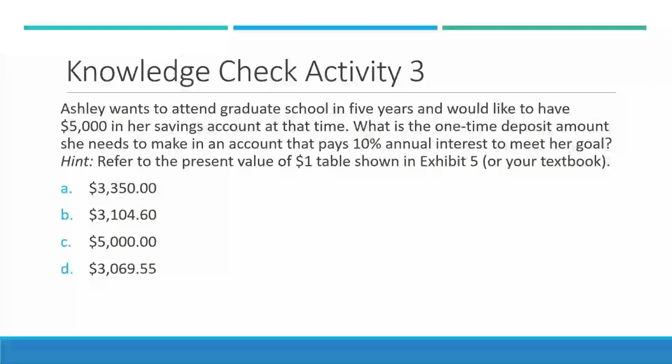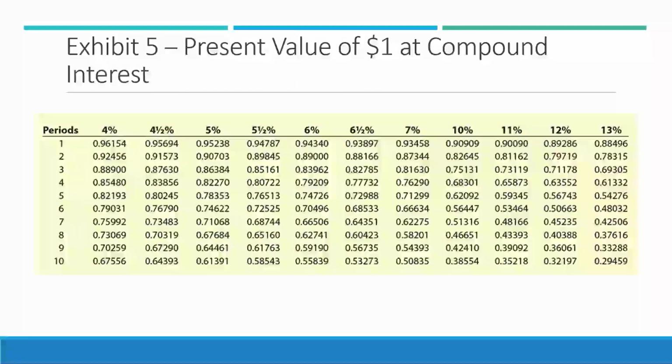So we have $5,000 as the goal, the future value, and we need to discount that back to the present at a 10% rate of interest. And we have a 5-year period. So we have to find our 10% factor for 5 years, which is going to be 0.62.